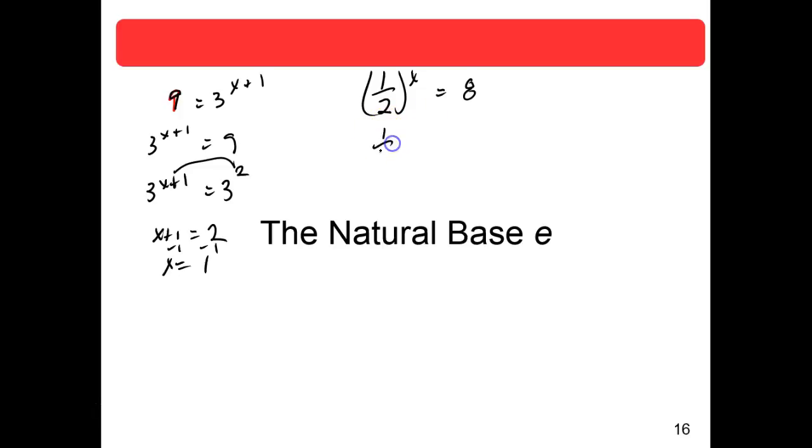You have 1/2 to the x power is equal to 1/2 to the -3 power, because that would be 2 to the 3rd power if you flip it. And that would be 8. So now can you solve that? x equals -3.